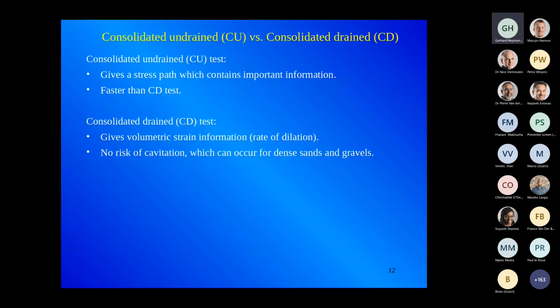And the moment cavitation happens, bubbles will be formed in the pore water, and your pore water pressure measurement system breaks down. And you can often see this. You can see the pore pressure dropping, and when it gets close to negative 100 kPa, all of a sudden the response in the pore pressure ceases and it stays constant from there on. That implies that you've got cavitation. Now that often happens in a very dense sand or a very dense gravel. So that's one instance where I would rather recommend a consolidated drained test.